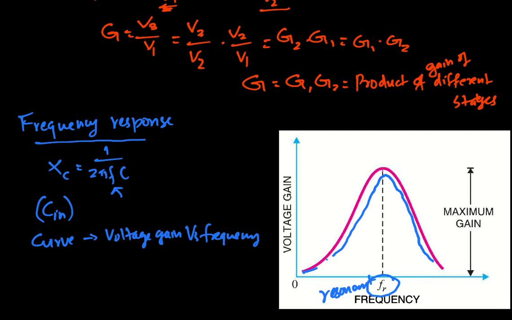So this curve is called the frequency response. So the frequency response of a transistor amplifier is the curve between the voltage gain of the amplifier and the input frequency of the signal. So that's all about the frequency response of a transistor amplifier.